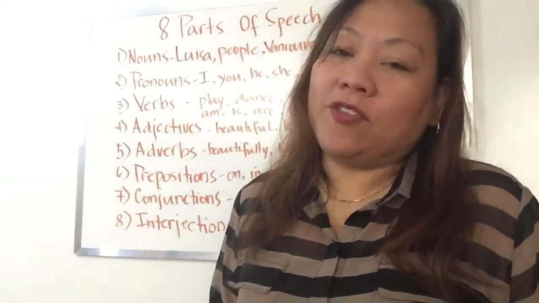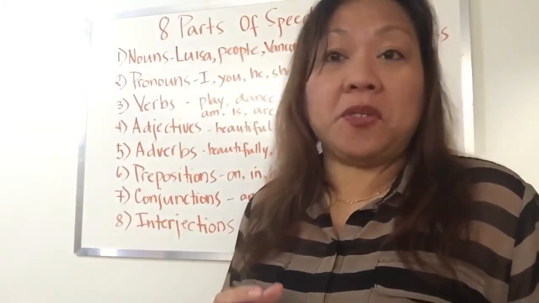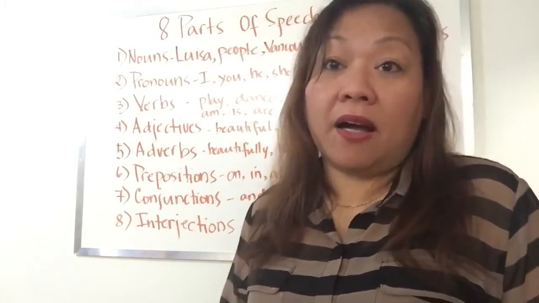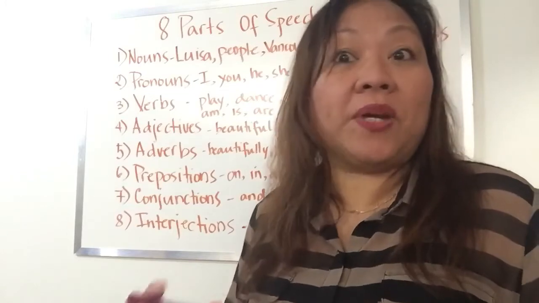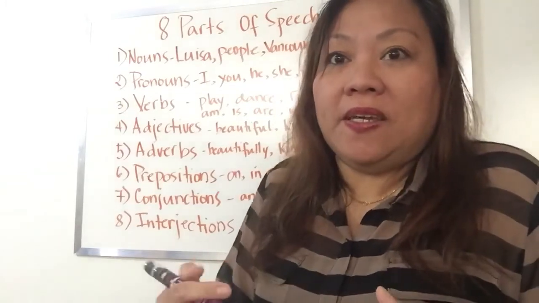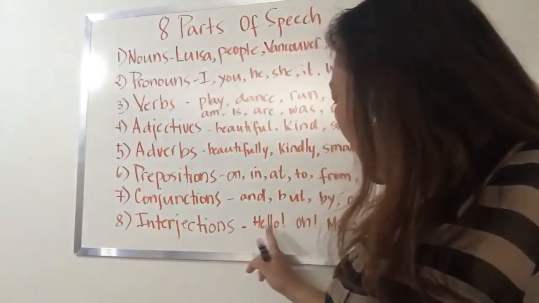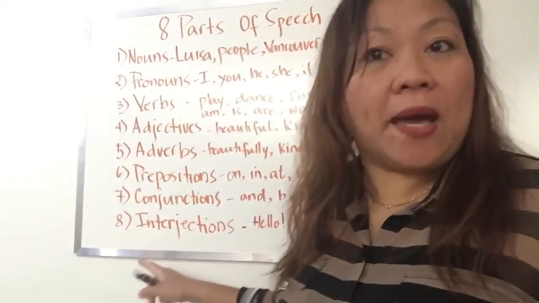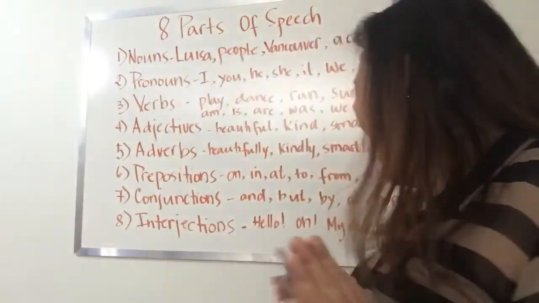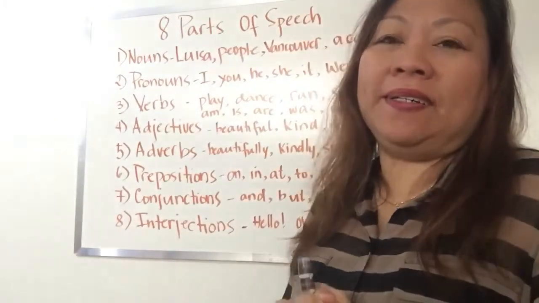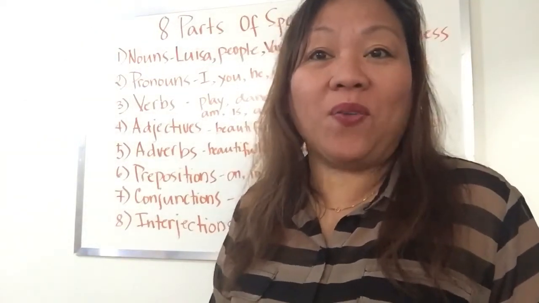In most cases, strong feeling of surprise, disappointment, disgust, excitement, or a simple greeting. If you express this in a very strong feeling, this one is with an exclamation point, so it's an example of an interjection. For example, hello, oh my goodness, what? So these are examples of interjections.